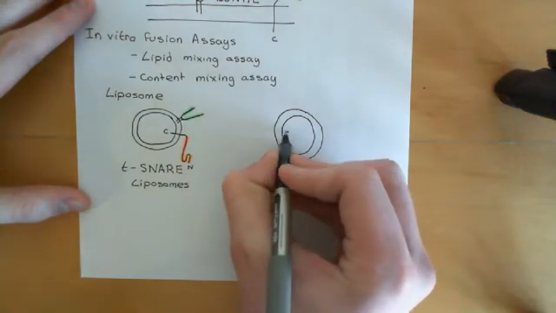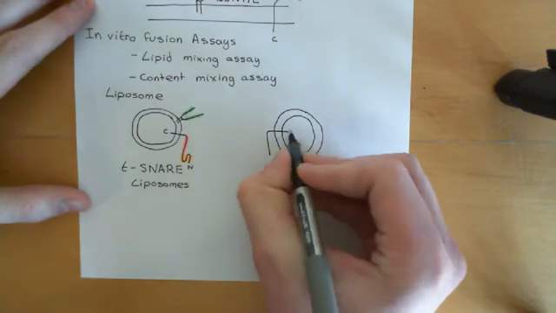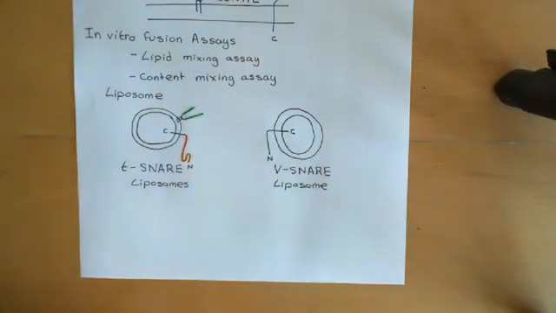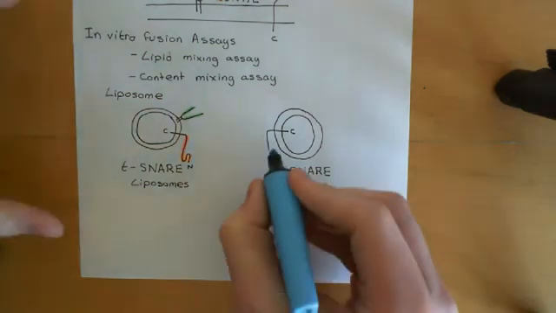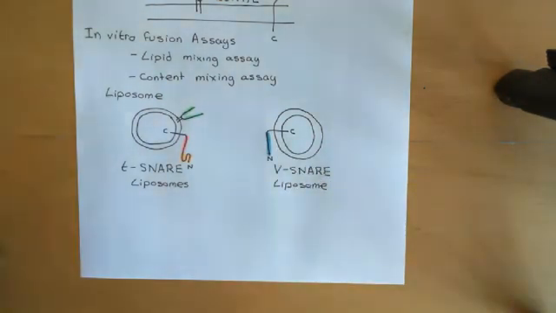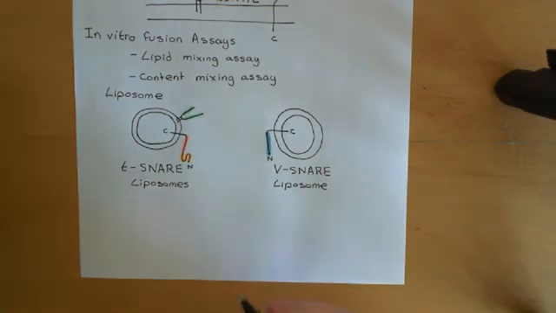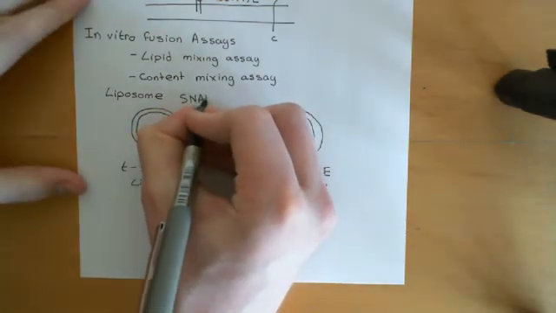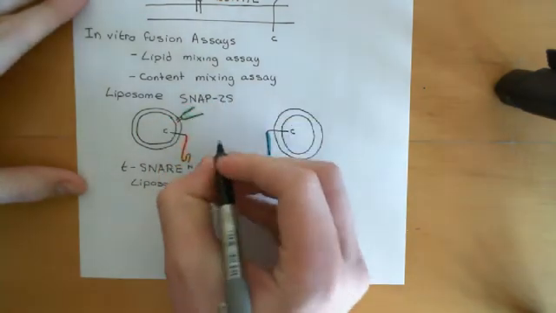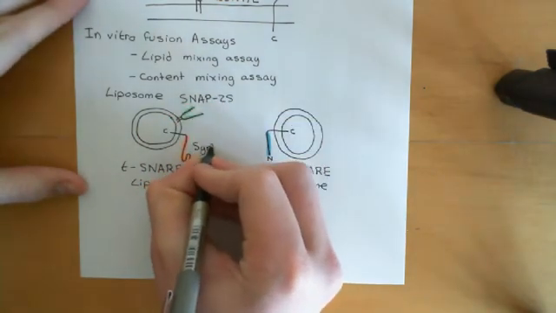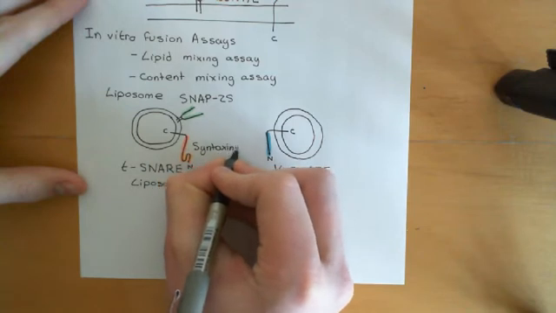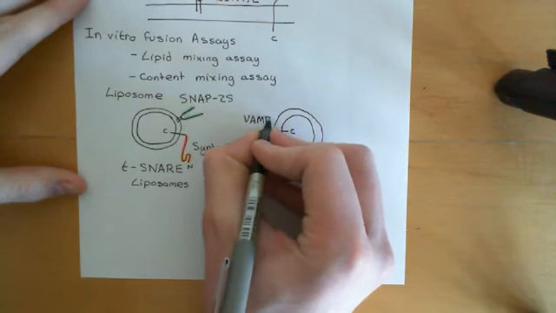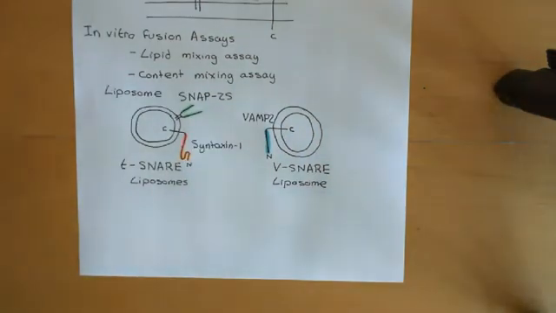The V-SNARE, remember, is synaptobrevin 2. So here is its C terminus, here is its amino terminus, and then we'll show the R SNARE motif of synaptobrevin 2 here in blue. Let me just label these up. So this is SNAP25 here, the synaptosome-associated protein of 25 kilodaltons. This is syntaxin 1. And this is VAMP2, vesicle-associated membrane protein 2, or synaptobrevin 2.